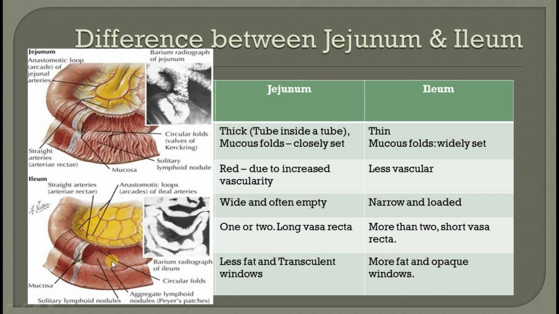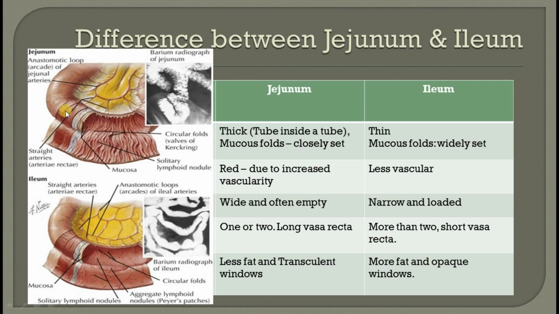If you hold the jejunum with the help of the index finger and the thumb, and you roll the wall of the jejunum, you can feel as if one more tube is present inside it, a tube within a tube, because these mucosal folds give an appearance as if one more tube is present inside. So by external appearance, you can differentiate between the jejunum and the ileum.